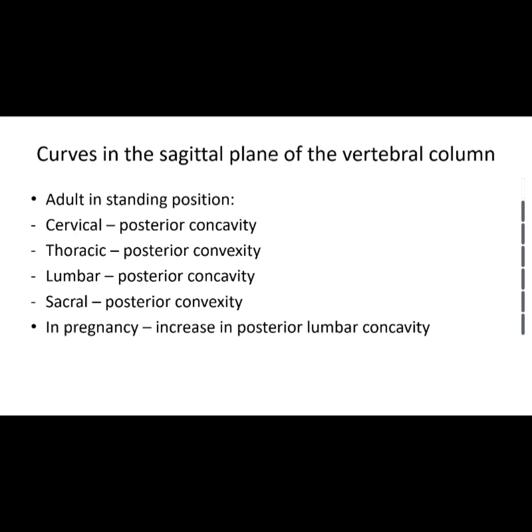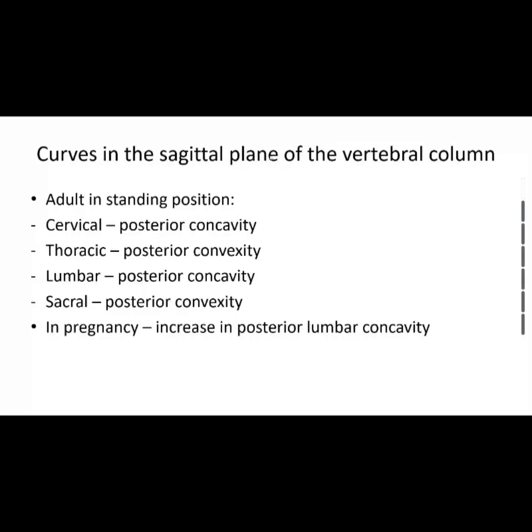I think we looked at the diagram earlier. One thing to note is that during pregnancy, we have talked about the uterus tending to be anteverted and antiflexed. As the uterus expands during pregnancy, the weight is pushed more anteriorly, and so the posterior lumbar concavity tends to increase.